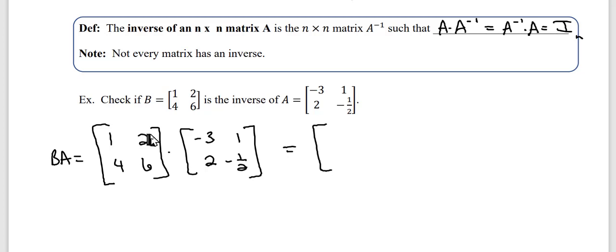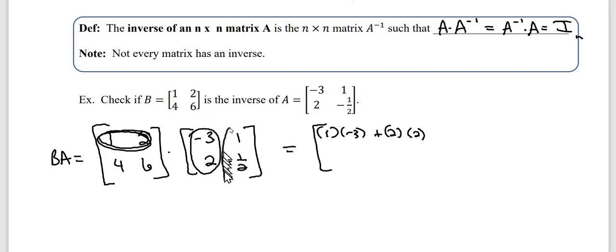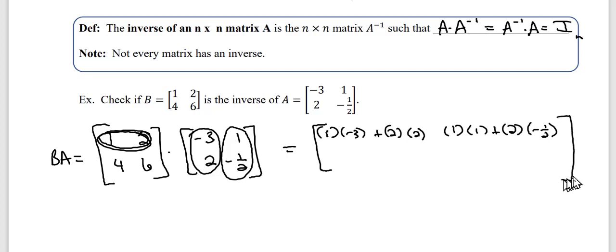The way we do it, remember, first row by first column: 1 times negative 3 plus 2 times 2. Then we multiply first row by the second column: 1 times 1 plus 2 times negative 1/2.